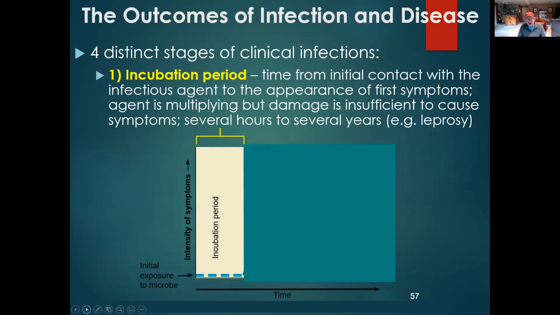And it's during this time that the infectious agent has penetrated the barriers that we have, our skin, for example, or has survived the action of the phagocytic cells. But we don't really know that we've been infected yet.